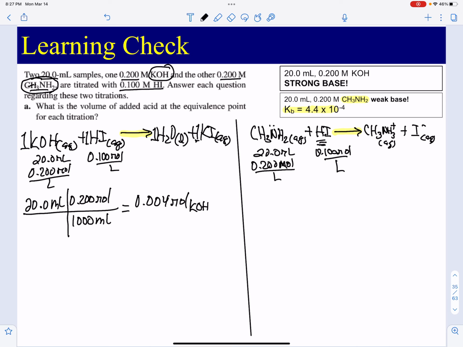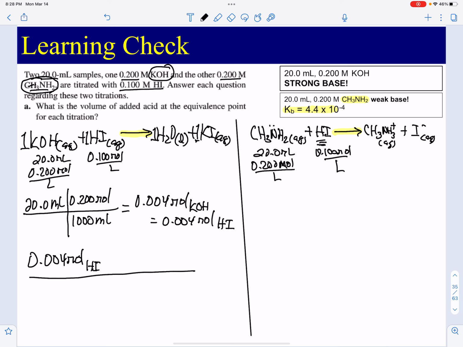Since we know that this is 1 to 1, this is going to be equal to the moles of the hydroiodic acid. Since we know the moles of the hydroiodic acid and we know the concentration, right? 1,000 milliliters for every 0.100 mole, we know that this is going to be 40 milliliters.